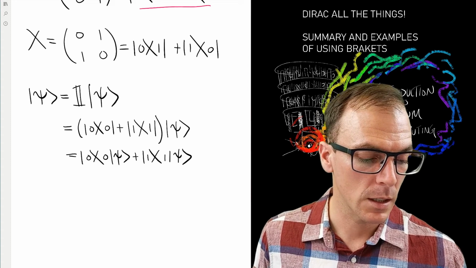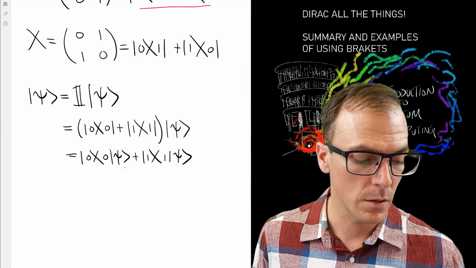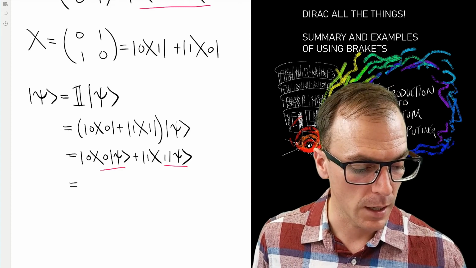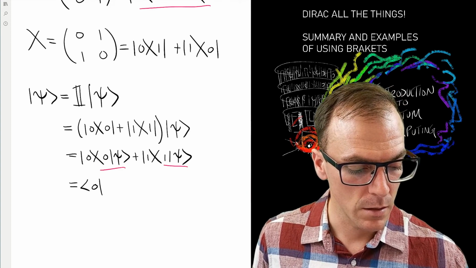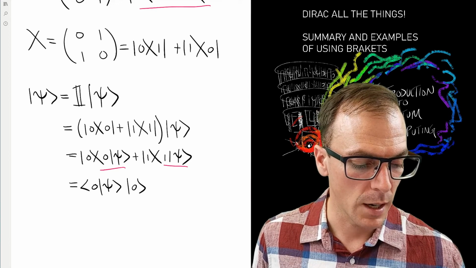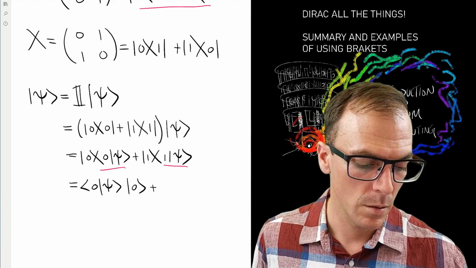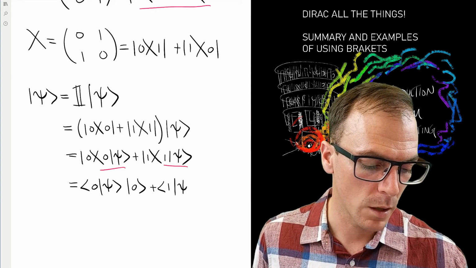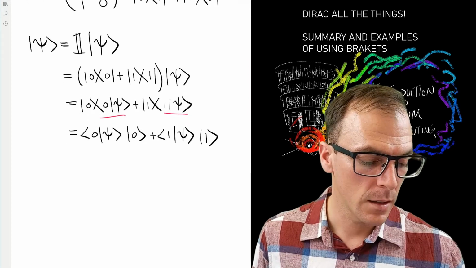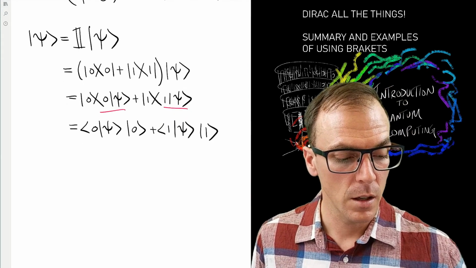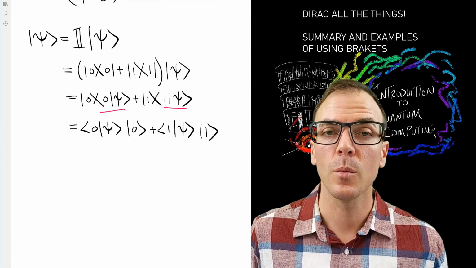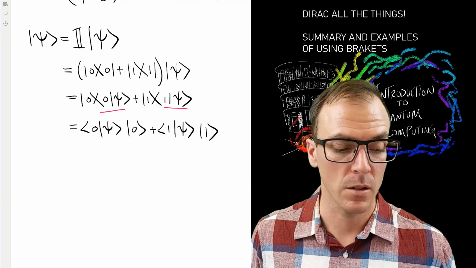And we see that we have a complex number here and a complex number here, so we can write that as ⟨0|psi⟩ times |0⟩ plus this other complex number ⟨1|psi⟩ times |1⟩. And we've now written psi completely in terms of these abstract vectors.